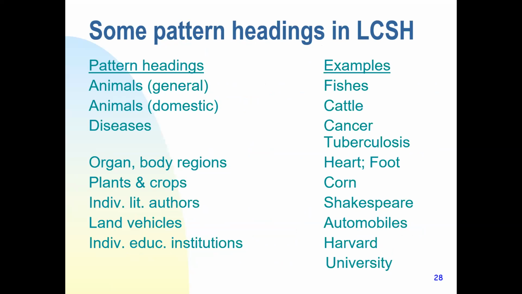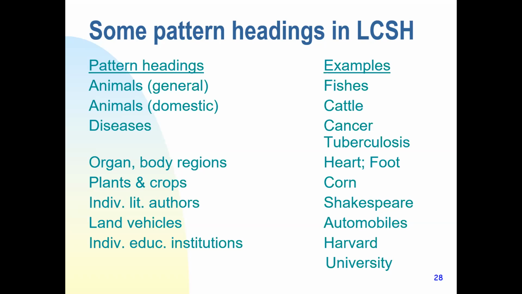So here are just some more of those in case you don't have that pattern heading guide handy. So animals in general, fishes is the pattern heading. Domestic animals, you would look under cattle to find more subdivisions. For diseases, cancer or tuberculosis.